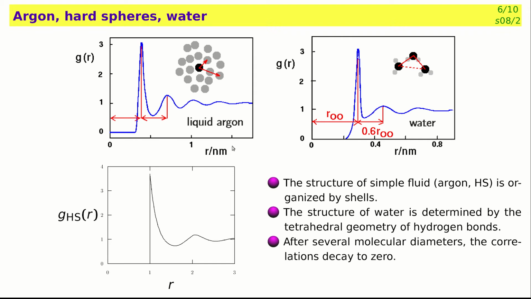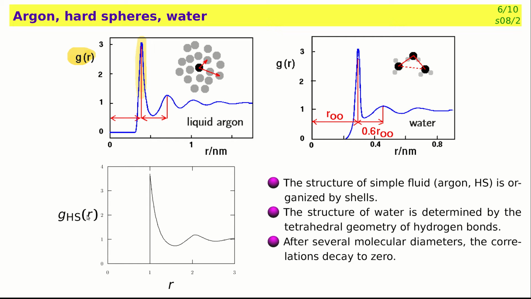Okay, so to summarize and to show some other examples. Simple liquids like liquid argon are organized by shells. This highest peak on the radial distribution function corresponds to the first shell, where there is the highest probability that I find another argon atom in comparison with ideal gas, about 3 times.